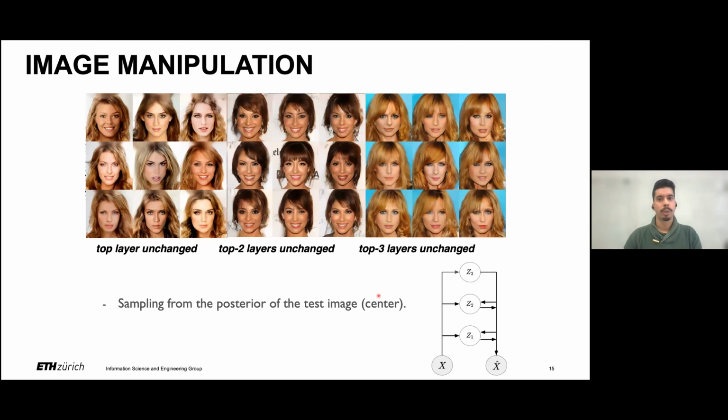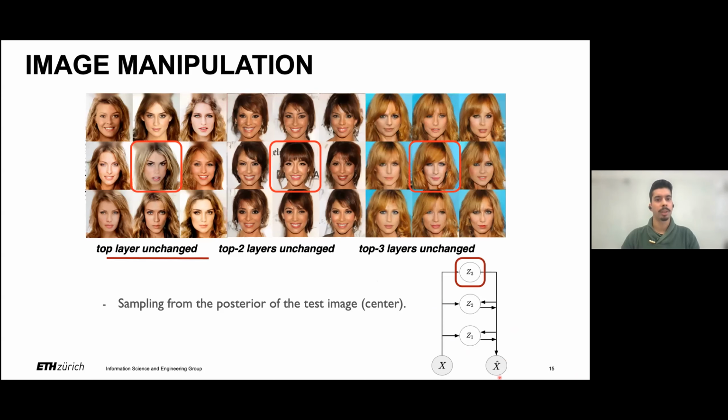The second thing that we also looked at qualitatively was trying to sample conditionally, so trying to perform image manipulation. Here we encode test images, so the celebrities in the middle, and then sampled from the posterior distribution, we synthesize images that are close by in the learned probabilistic model. Importantly, these figures illustrate that the higher level abstractions are encoded in the top latent layers of the hierarchical VAE.